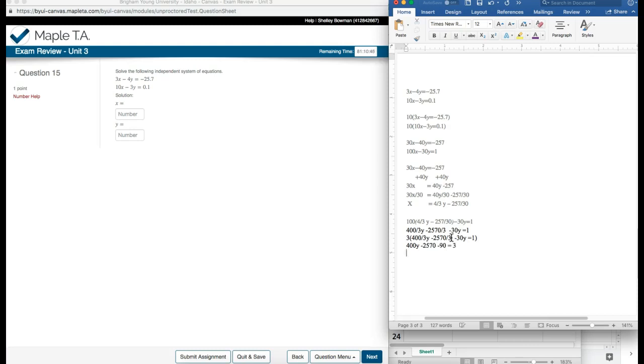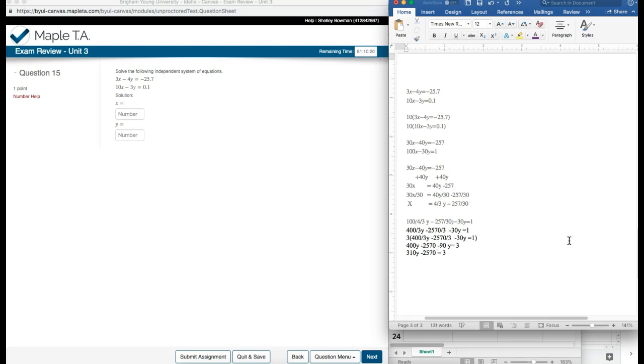Oh, that's a y. I forgot the 90y. Now I can combine the y's. 400 minus 90 gives me 310y, and then I still have this negative 2,570, and that equals 3.